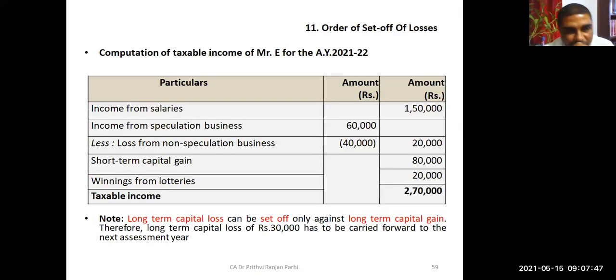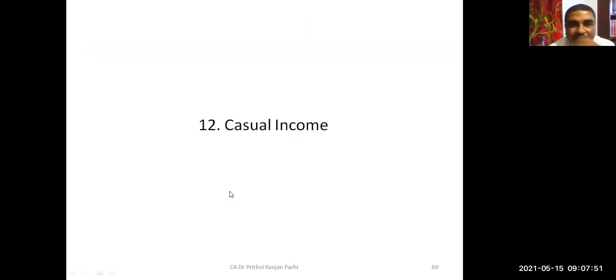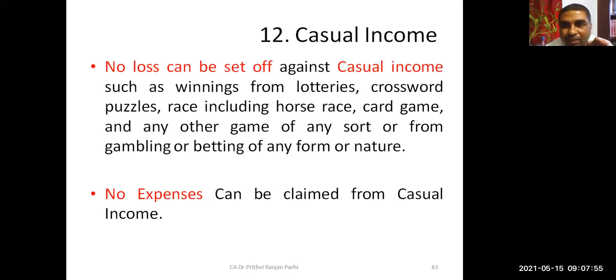Here one more issue we will now be covering. This is about the concept of casual income. You must have heard about this, what is casual income. But so far as the set off and carry forward of losses is concerned, we have to understand one more thing. No loss can be set off against casual income.